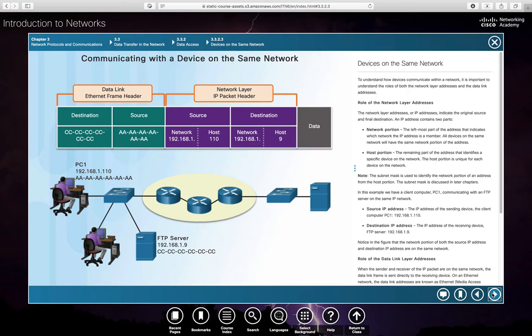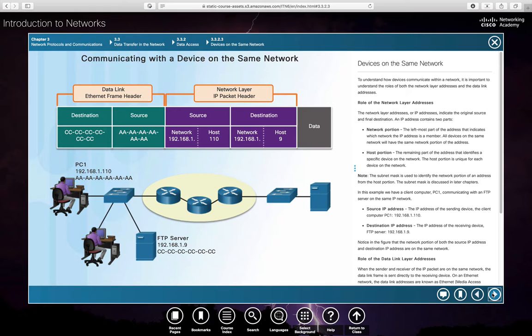So in this case, we are dividing at the third period. So the network portion of the address is 192.168.1, and the source host is host number 110 on that network. We're going to 192.168.1.9.